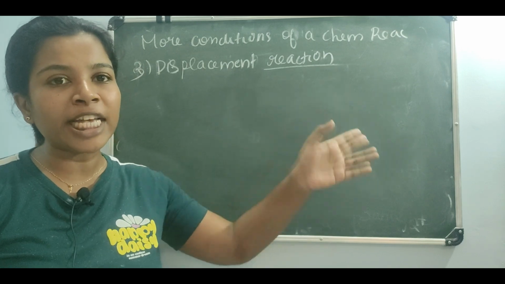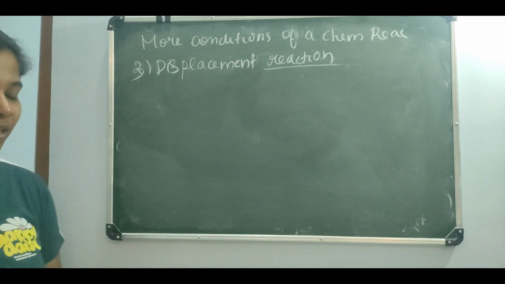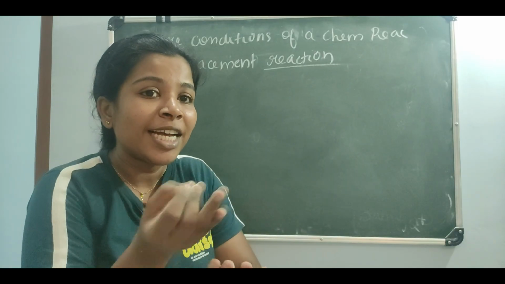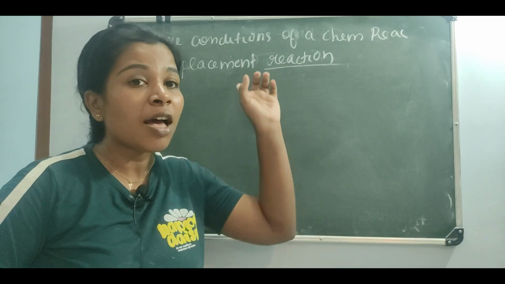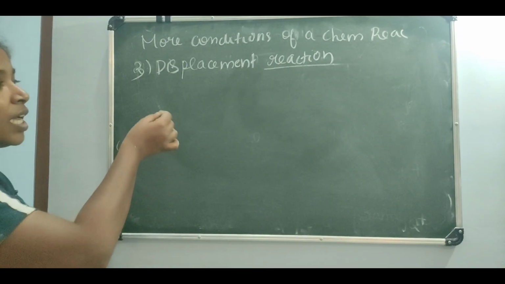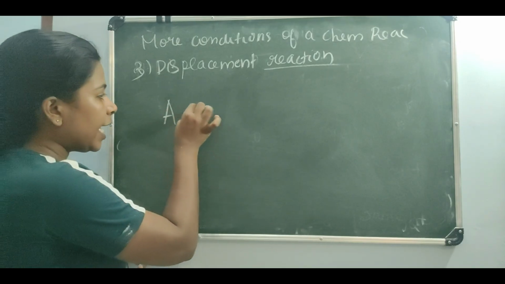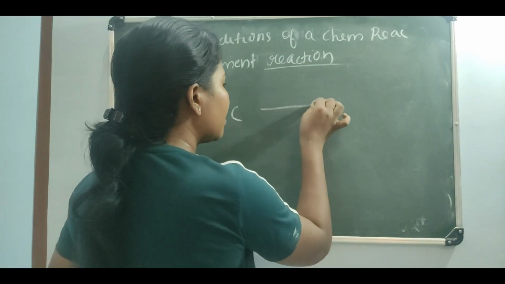Can you try to guess from the name? Displacement reaction. Yeah, as the name suggests, a displacement, a change of position is happening. Understood? So here I'll show you. Suppose A is combining with BC on the reactant side.